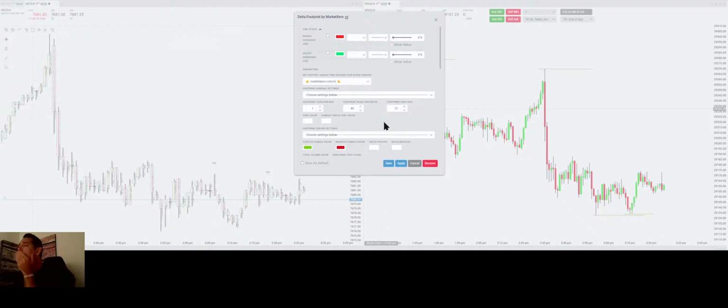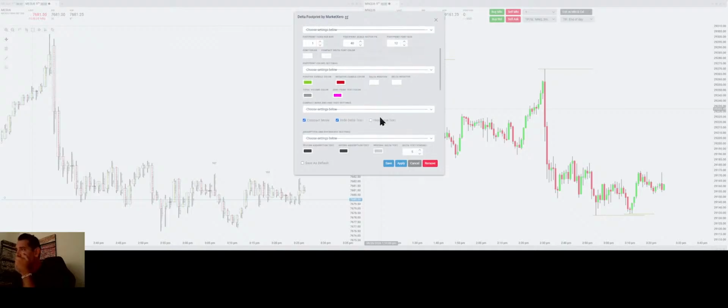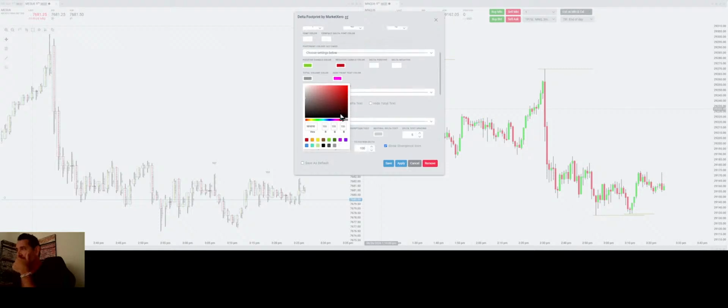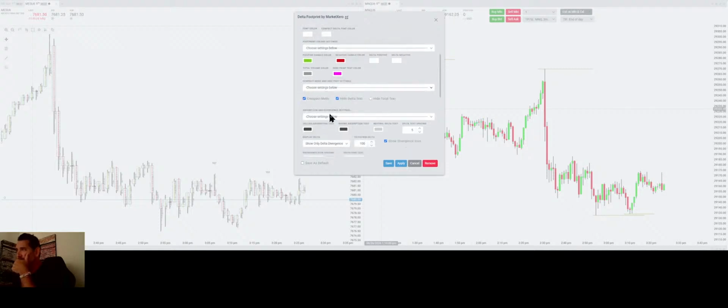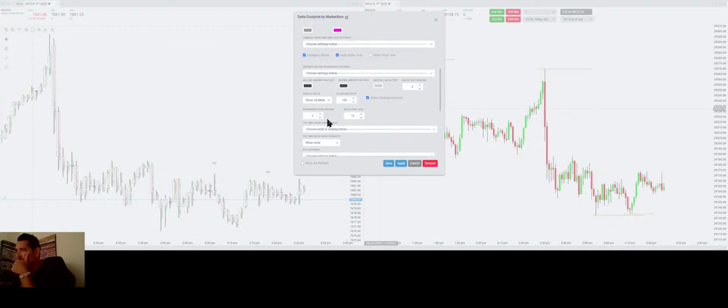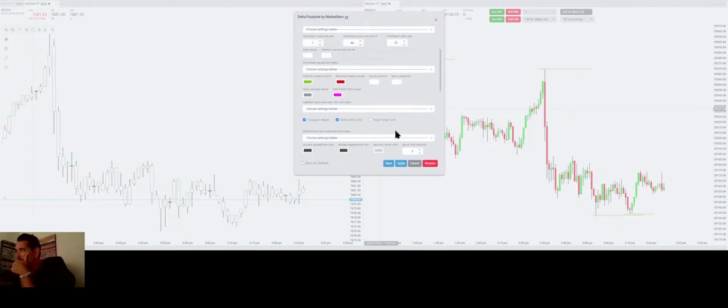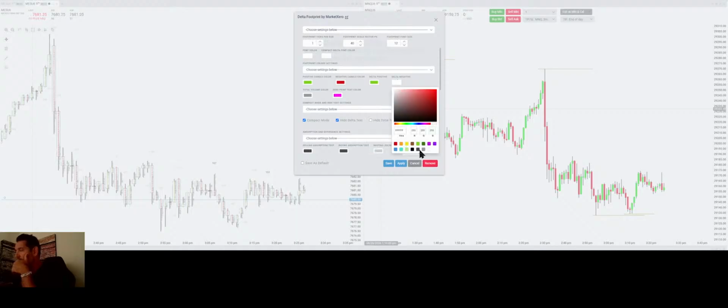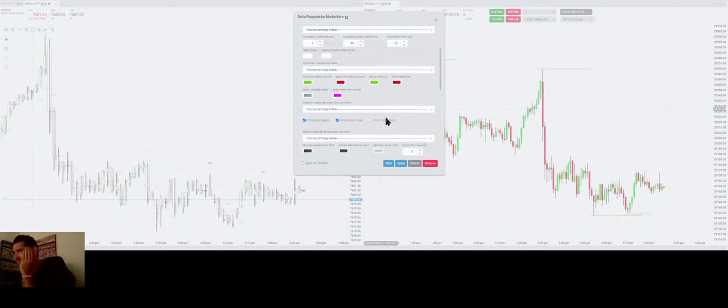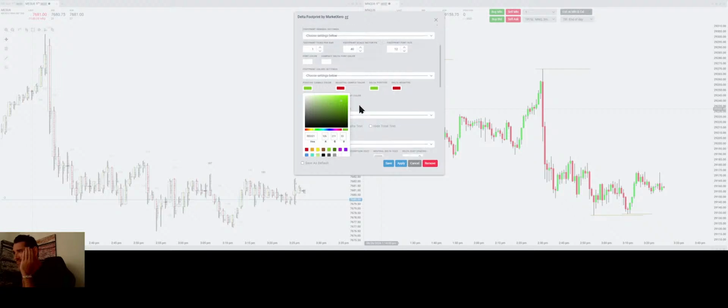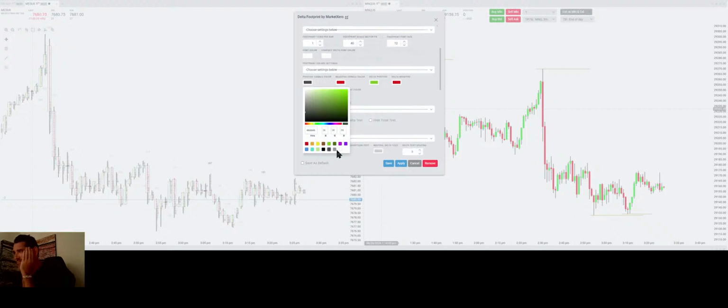Maybe I should try that. Total volume color. How about this? Delta positive. The purple was confusing. Ah, yes, that's way better.